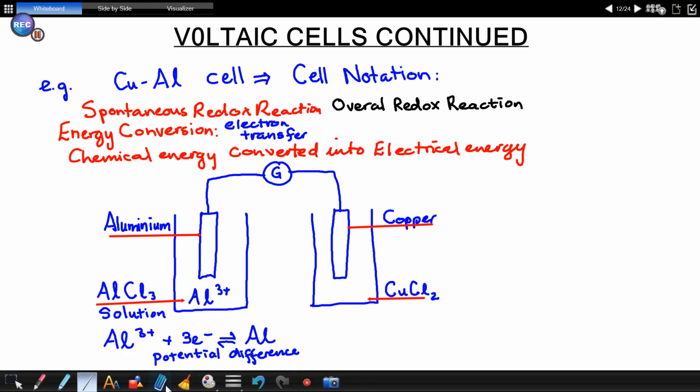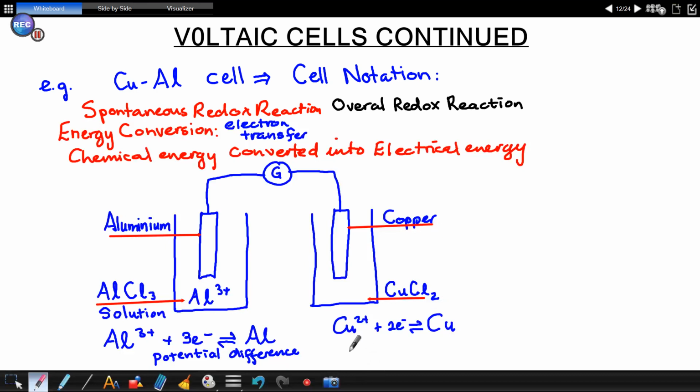We'll have the following wanting to take place. Copper 2+ wanting 2 electrons to form copper. Yes, ma'am. But it's a reversible reaction, so copper also wants to go into solution.